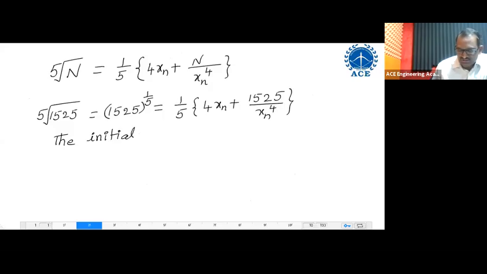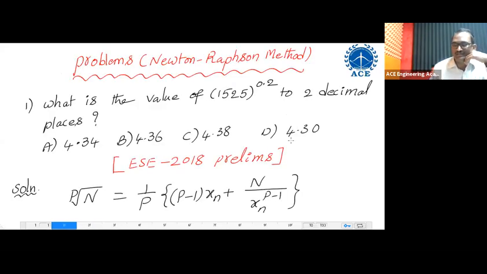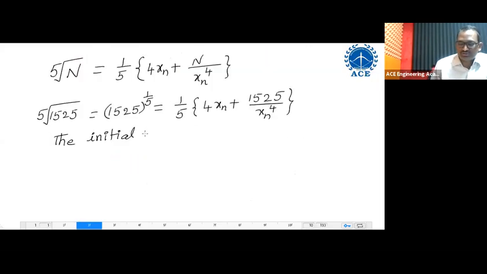Or you may also write that all options are lying between 4 and 4.5, so the average of 4 and 4.5 should be taken as the initial approximation. You can take either average.